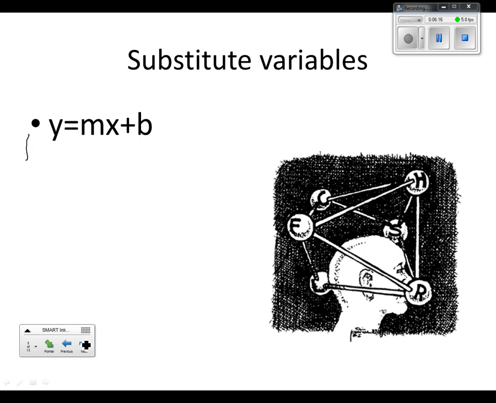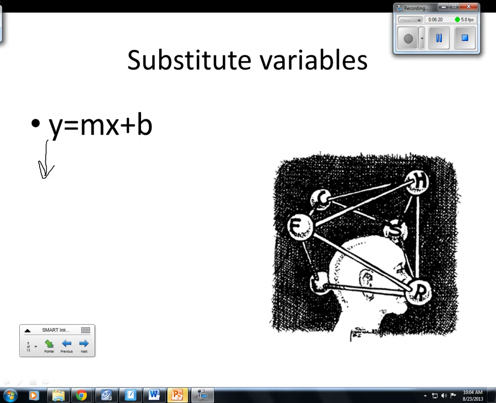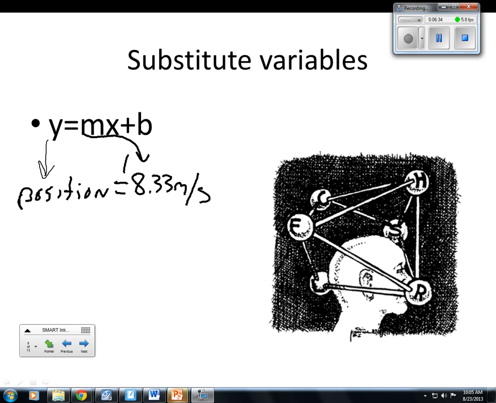So we'll go ahead and substitute in here position equals our slope, so we'll put our slope in there, 8.33 meters per second. Then we'll put in our x variable, which is time, put a t there, and then we need to find our y-intercept.